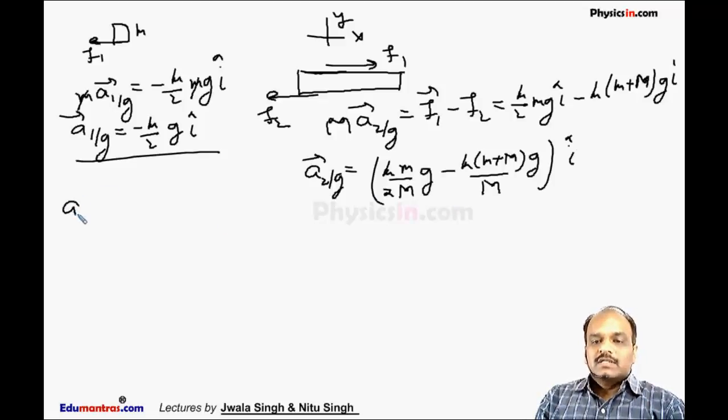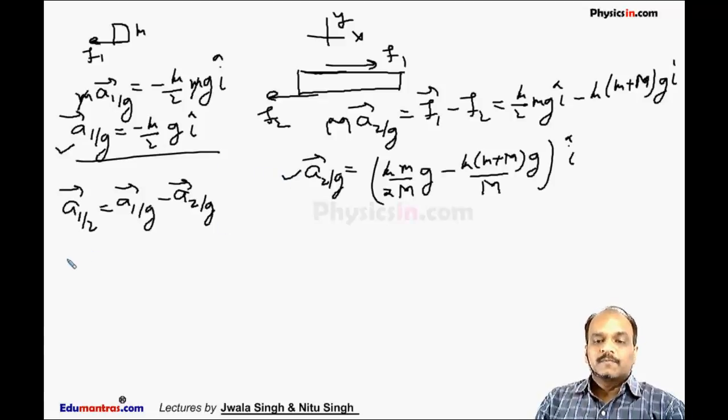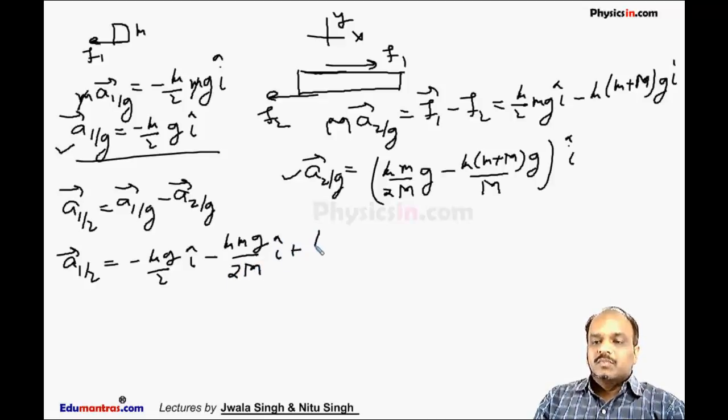Now we can say the acceleration of block 1 with respect to 2 is the acceleration of block 1 with respect to ground minus the acceleration of block 2 with respect to ground. We know both, so the acceleration of 1 with respect to 2 is −μg/2 î − μmg/2M î + (μm + M)/M g î.